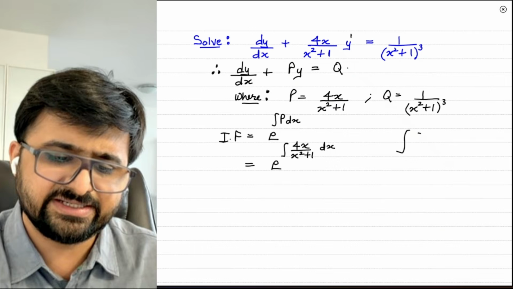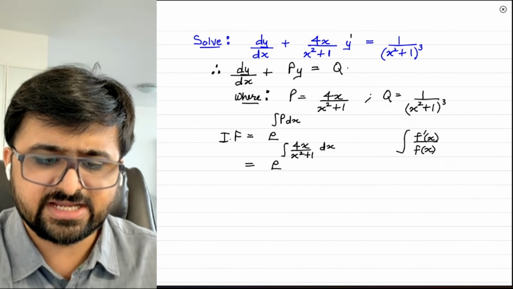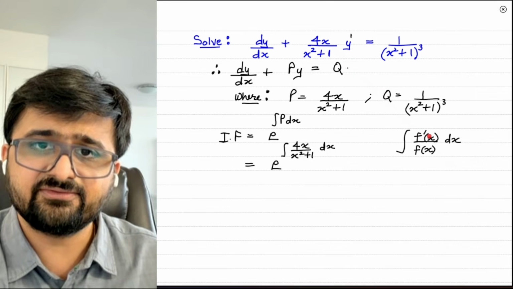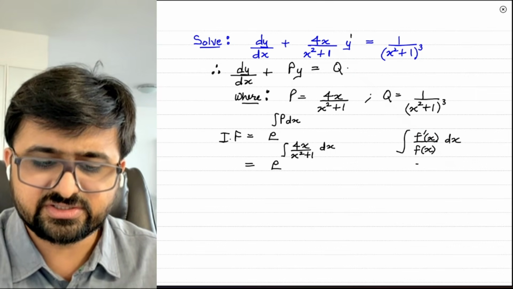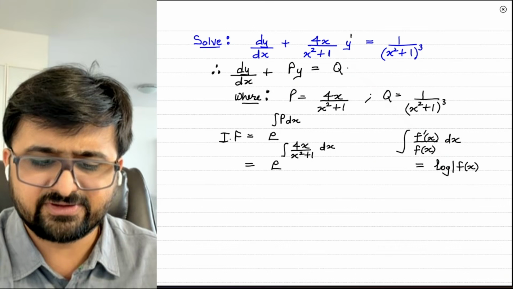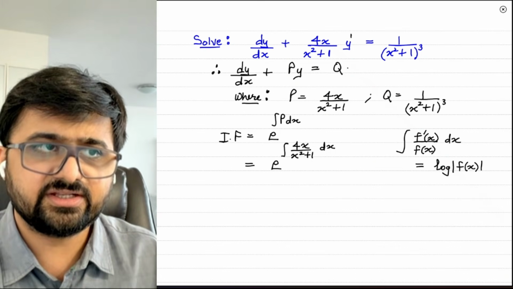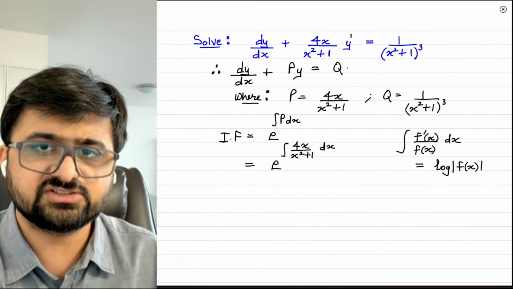Remember, whenever there is integration of f dash x upon fx, if the derivative is in the numerator and the function is in the denominator, the result is log mod fx.